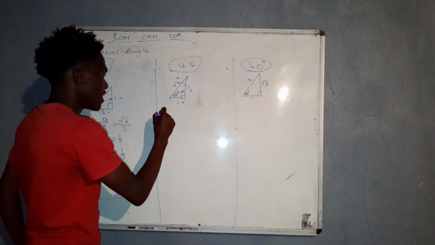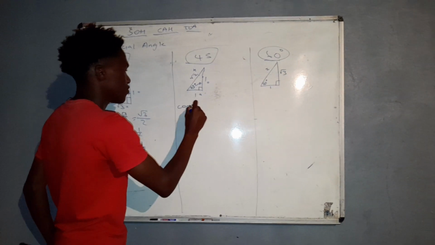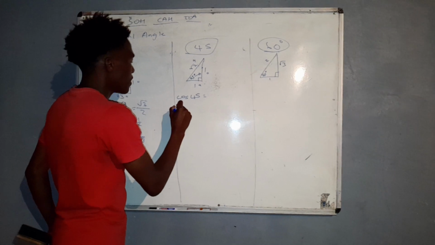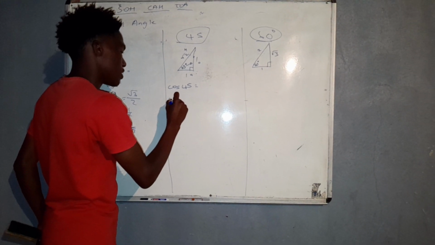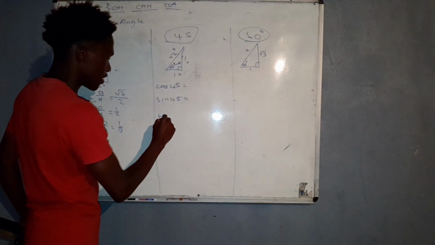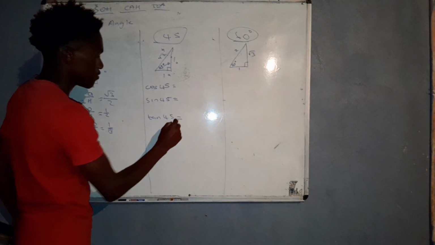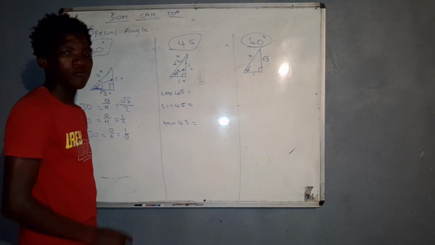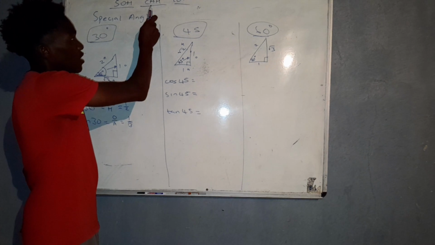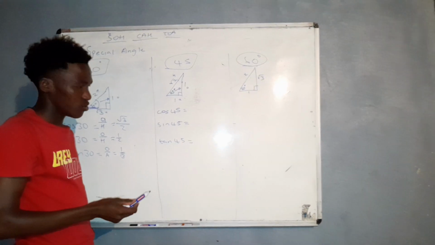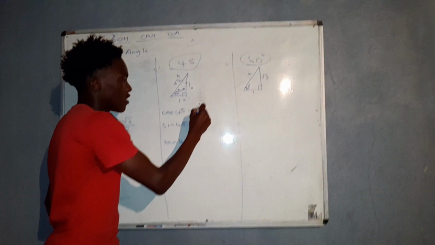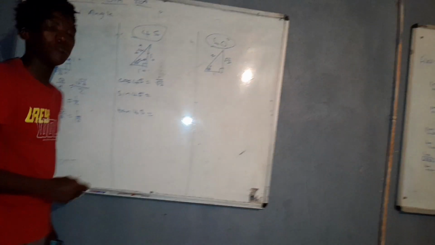So now let's try to find cos 45 using this right angle triangle. Sine 45 equals 10, 45. Still the same thing. What is cos? Adjacent over hypotenuse. Good. So we know that it is adjacent, which is 1 over root 2.